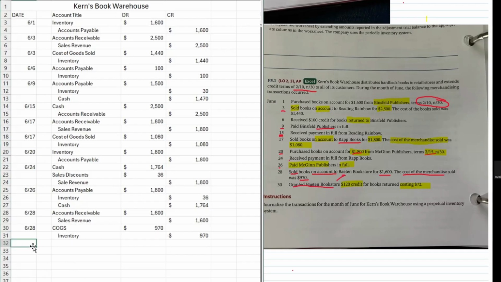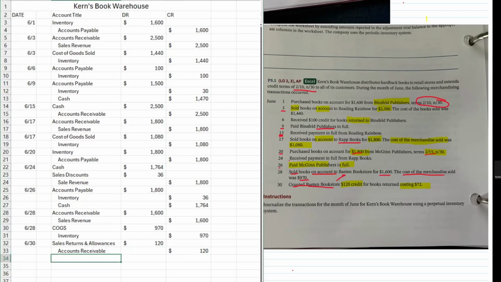So as a seller, I believe when we receive returns, we have our date and then we have sales returns and allowances for $120. And why are you indented? And then that also comes out of our accounts receivable, because they don't owe us the money anymore.